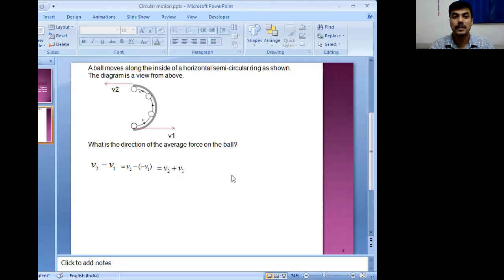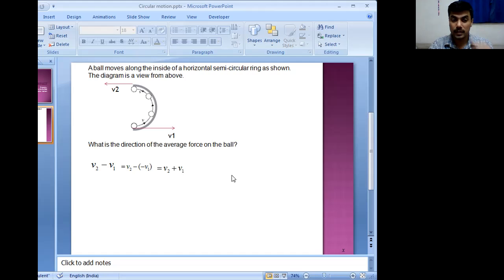What it means is that there is a net force acting in the direction of V2, because the change of velocity vector is in that direction. If you divide that by time, you'll get acceleration. Acceleration is in the direction of force. So the force is in the leftward direction.